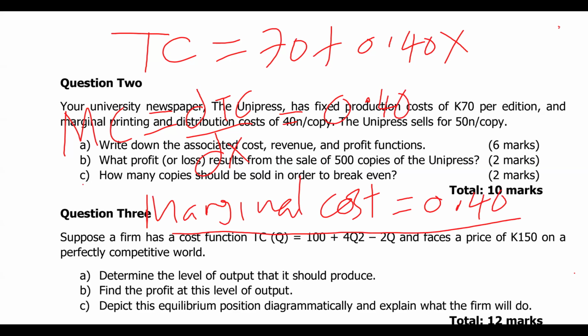Now let's go ahead. We've found the total cost. We also need to find the revenue function and the profit function.